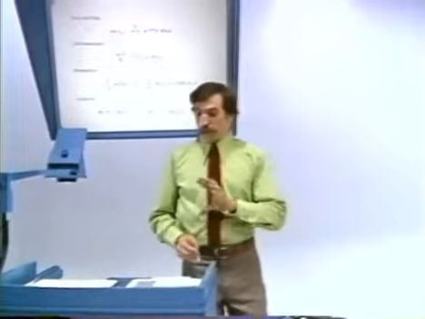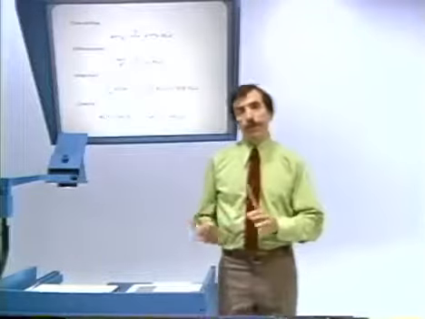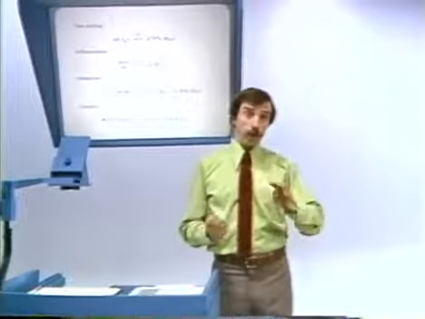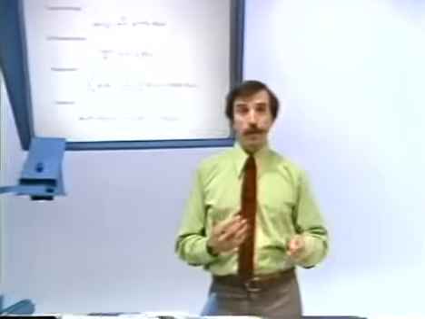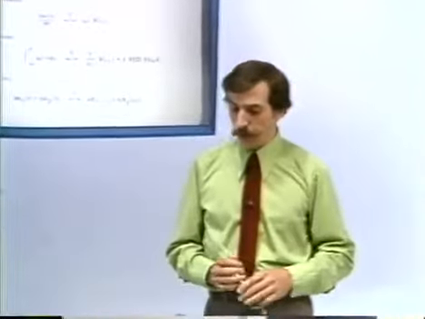Now, let me emphasize also that these properties, for the most part, apply both to Fourier series and Fourier transforms because, in fact, what we've done is to incorporate the Fourier series within the framework of the Fourier transform.